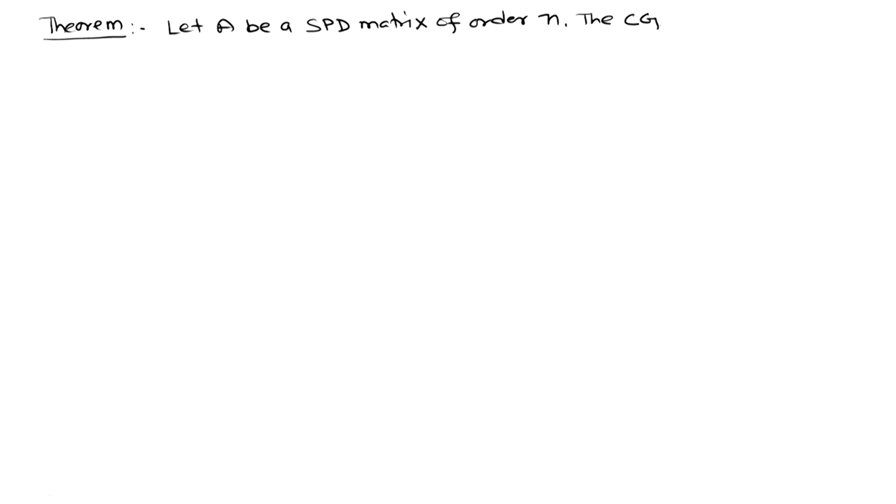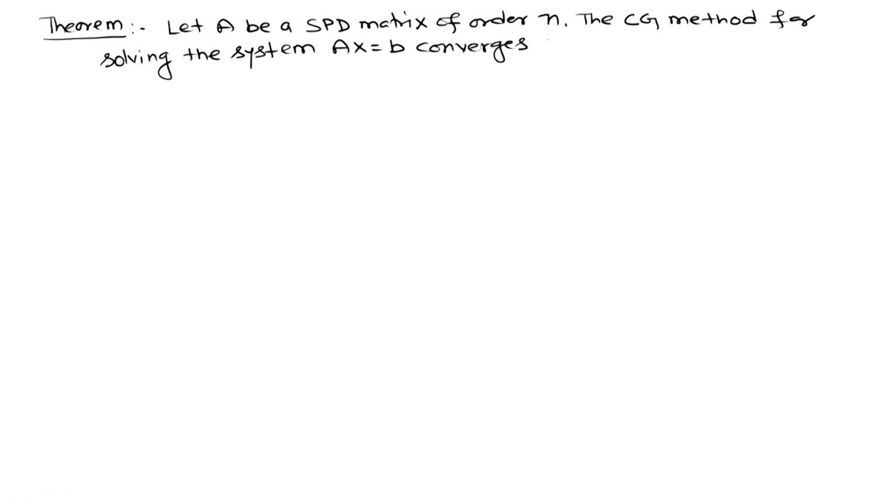Then the conjugate gradient method for solving the system Ax equals b converges in at most n iterations.